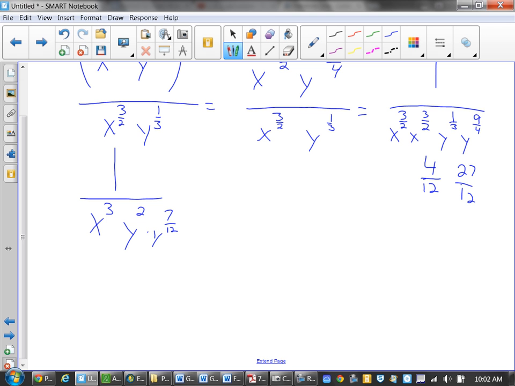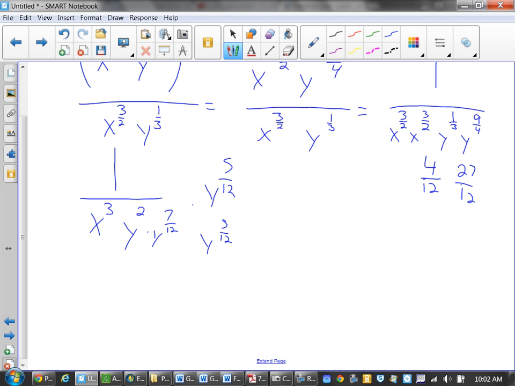Now in this case, I've got to get rid of that fractional exponent from the denominator because it's rationalizing, if you think of it that way. We didn't want to leave a square root in the denominator. We needed to turn it into a whole. How many do I have to add to it to turn it into a 12? 5. So I'm going to multiply top and bottom by y to the 5/12.